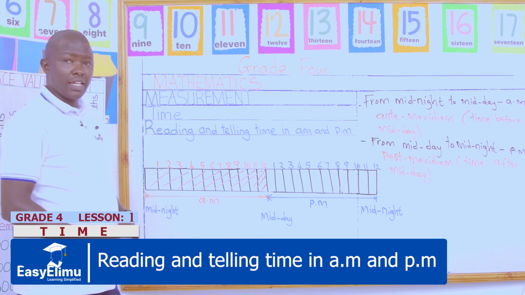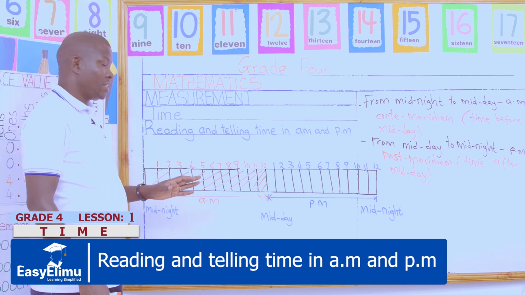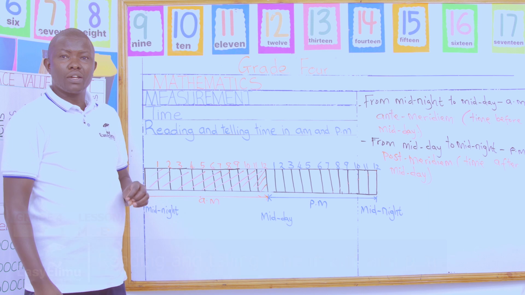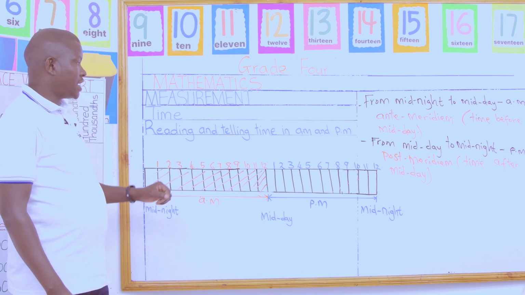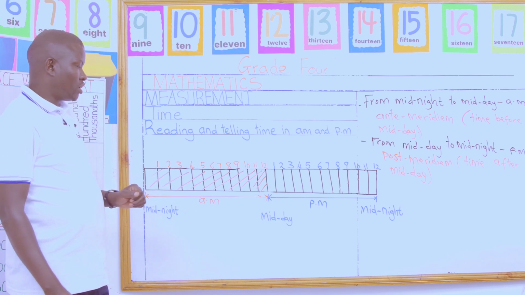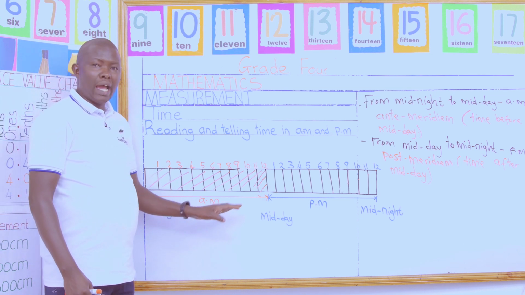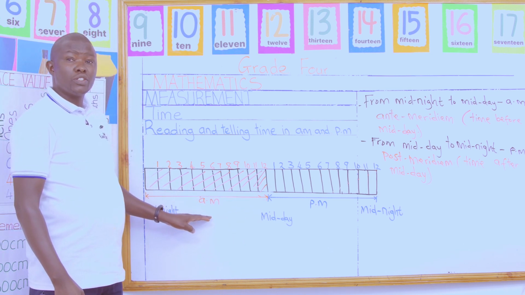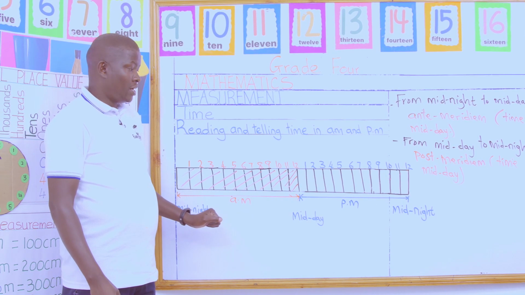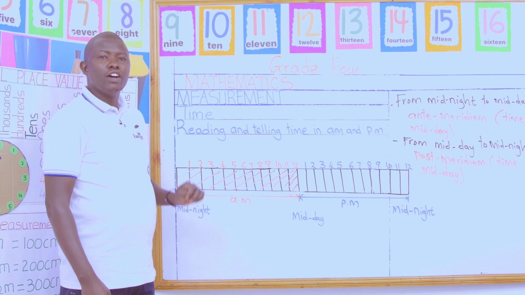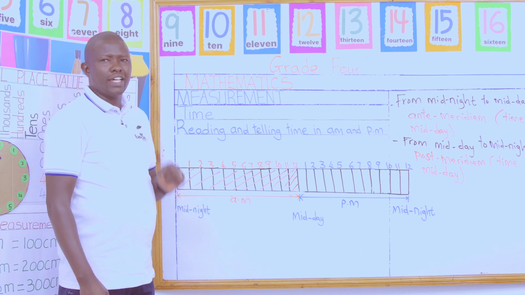Those are main words that we will be working with as we go on with how to tell time and how to read time. We'll be using AM and PM. AM simply stands for time before midday, and PM simply stands for time after midday.